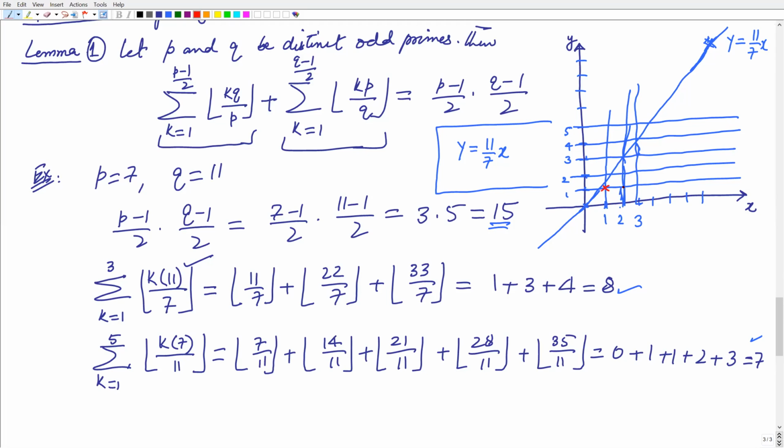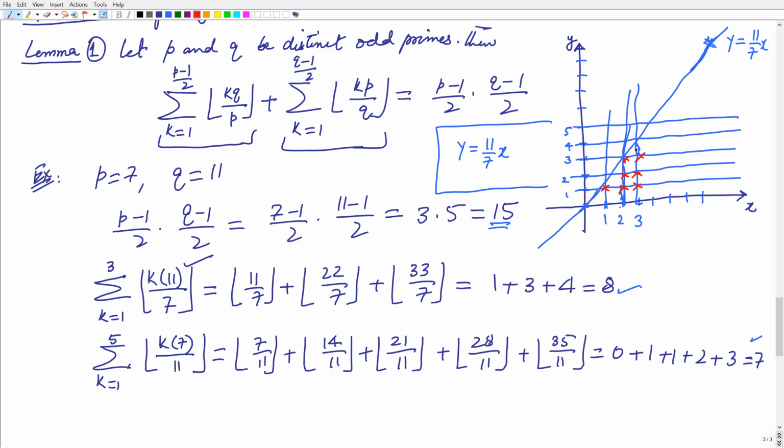So 1, 2, 3, 4, 5, okay, 1, 2, 3, 4, 5, 6, and 7. Either this one or this one, it depends. Actually, my sketch is not accurate, so that is why we are not getting exact values here.